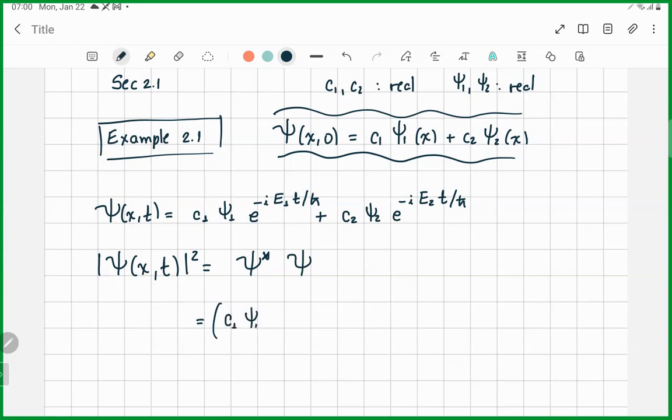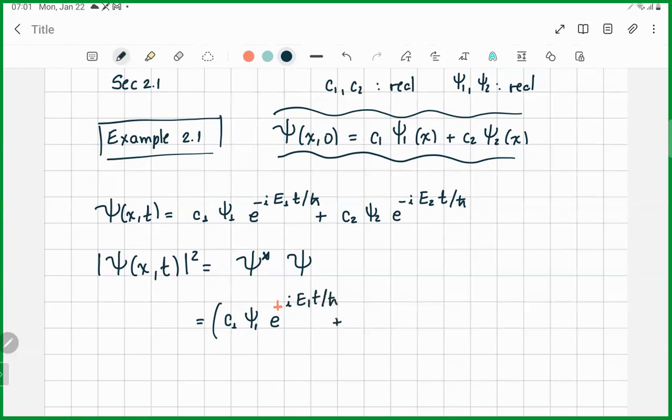Psi1, in principle, should be the conjugate too. So in principle we should put the star here, but since we are assuming they are real, I don't need to do that. But when I come to the exponential, i is the imaginary unit, so that one will become plus: i E1 t over h bar.